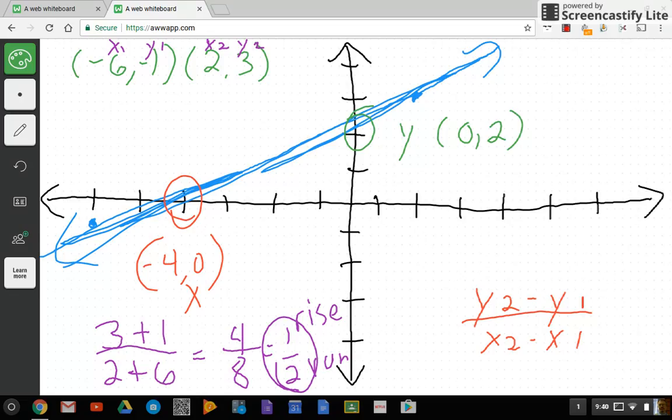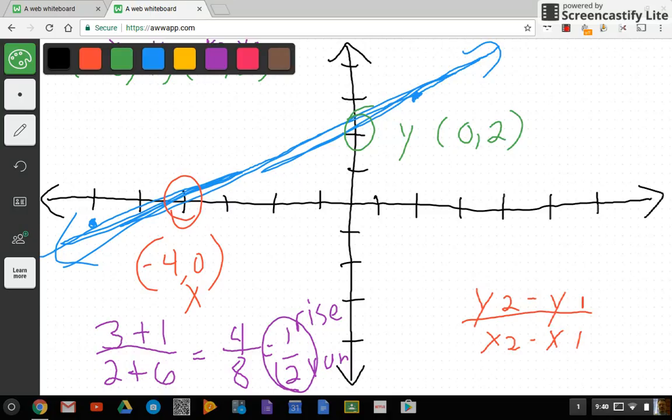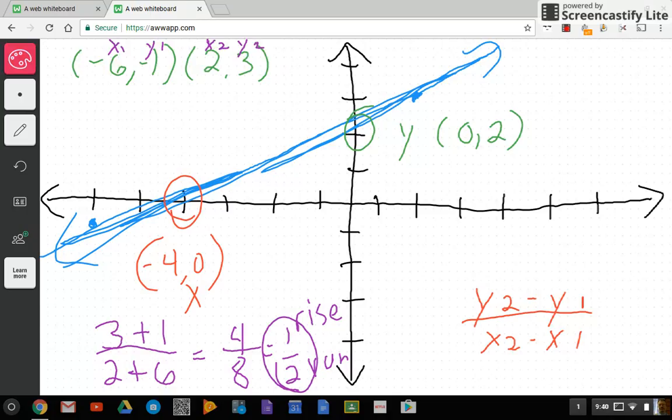Now, to calculate my slope, let's say that I didn't want to use the slope formula. It's always rise over run. So if I look here, my rise to get from one point to the next, I would go up 1, up 2, up 3, and up 4. So my rise is 4.